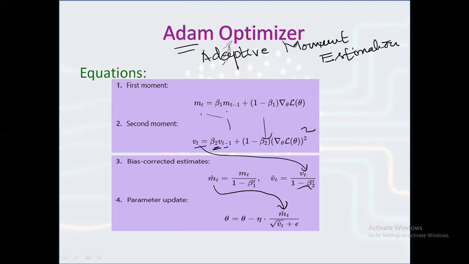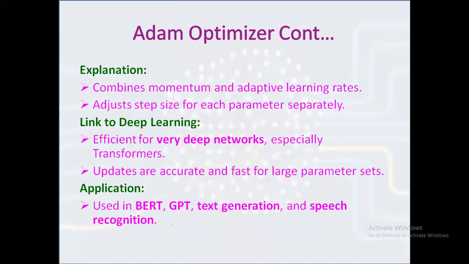Adam automatically adjusts the learning rate for each weight and includes momentum to stabilize updates. In deep learning, Adam is the default optimizer for training large-scale complex models such as transformers. It works well on unstructured data like text, audio, and images, and enables rapid convergence.